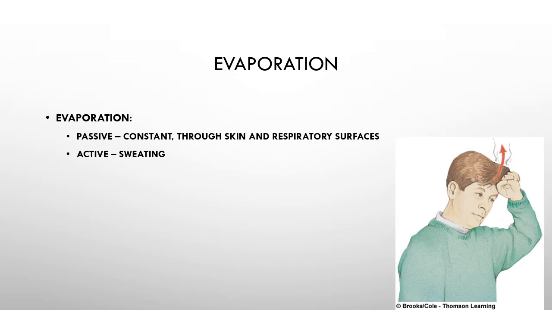Next up, we have one of our ultimates as far as the body goes, as far as getting rid of temperature, and that is evaporation. When we think of evaporation, most of the time people think about sweating, and sweating is one of the ways that we do have evaporation. This is where, when we are too hot, we put water onto the surface of the body through sweat.